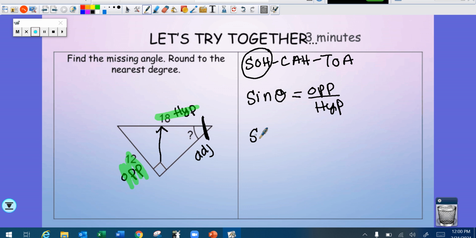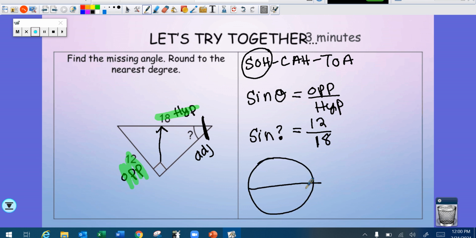So here I would do sine, and they called it question mark, so I'm going to call it question mark, equals opposite, which is 12 over 18. And the hypotenuse is 18. So I'm going to do my little circle, sine question mark 12 over 18.